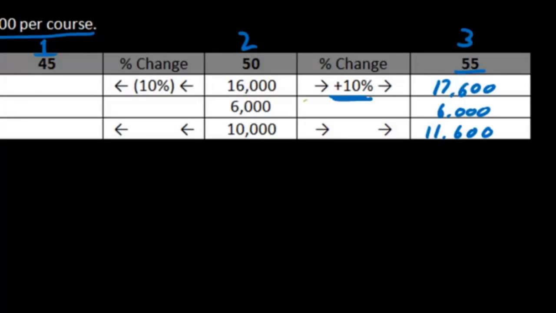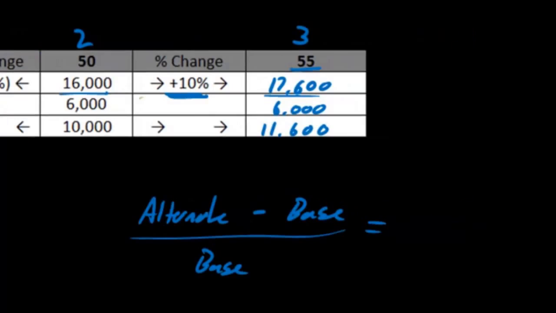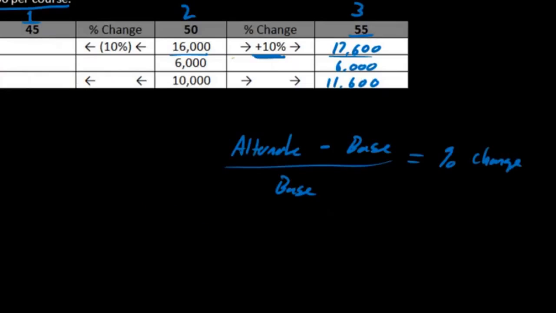Okay, so let's focus in on something here. Our sales increased by 10%. And we can figure out the percentage increase by taking the new number, that alternate number, minus the base number, divided by the base. The base would be $16,000 and the alternate would be $17,600.